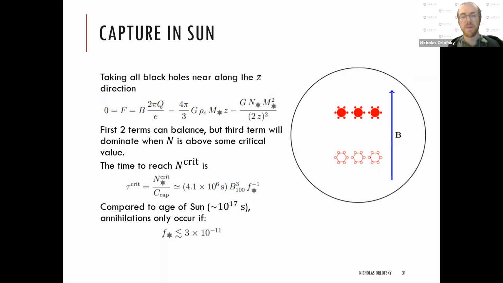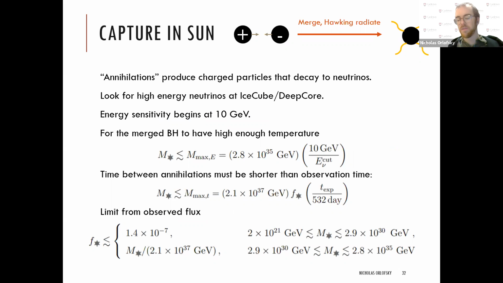And this is again independent of the black hole mass. Okay, so good. So at least in the case of the sun, we do have some equilibrium between the capture and the annihilation.